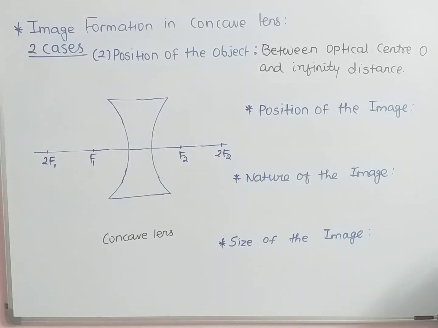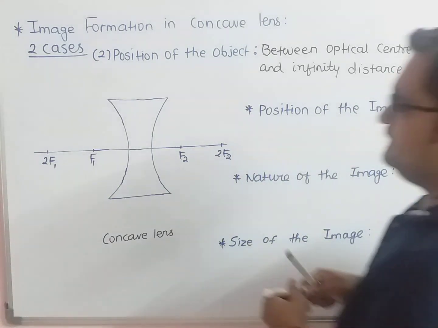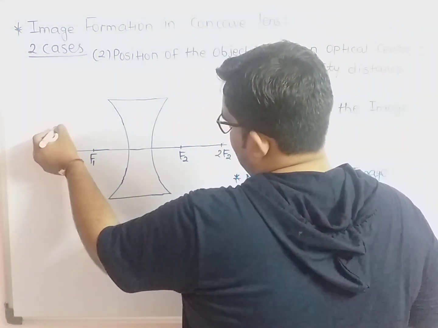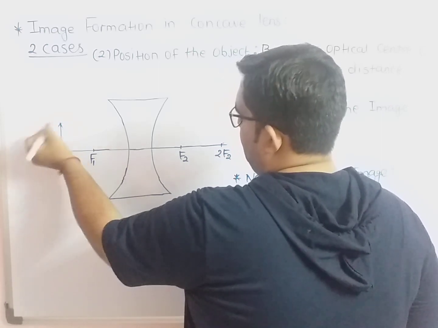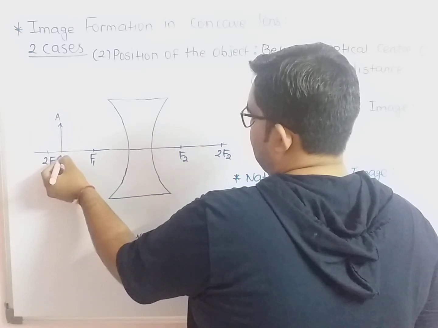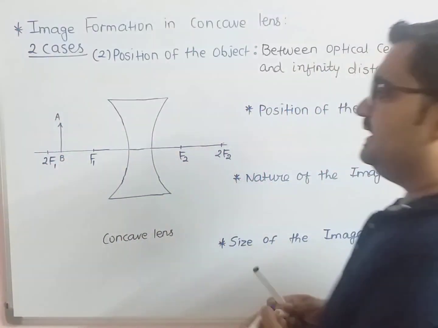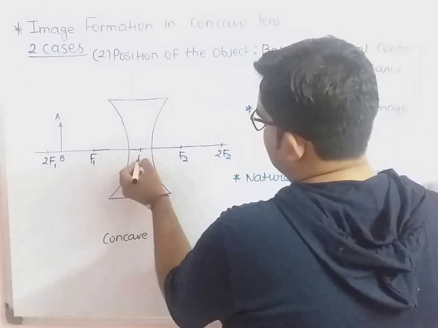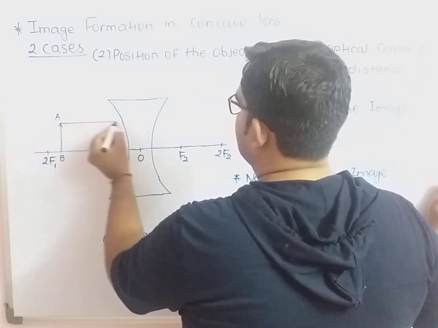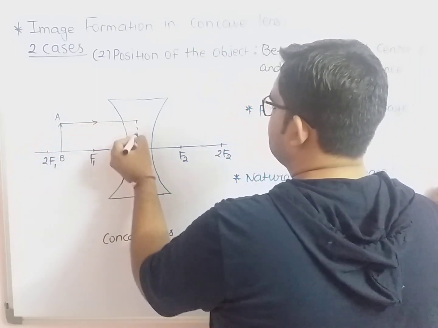Okay, so here we put our object, let us consider it is AB. Now two rays: the first one is parallel to the principal axis.